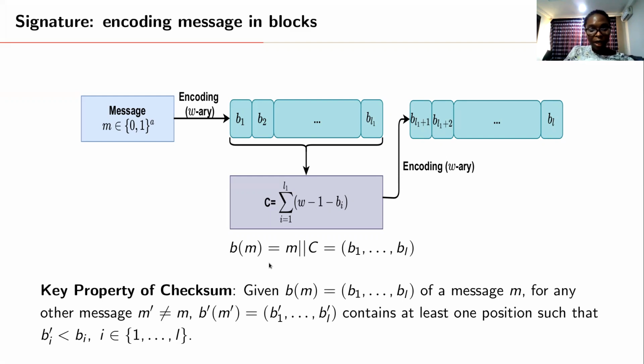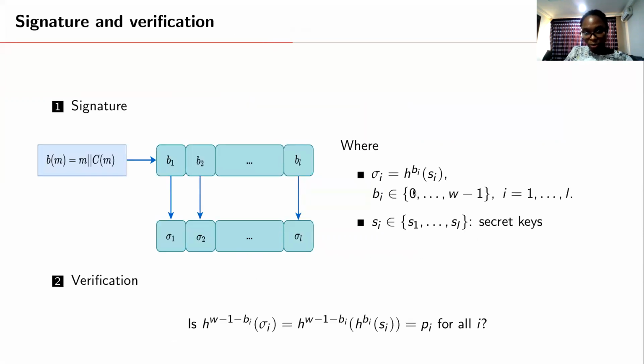Now, when the message is already in blocks, the signature is made by applying the hash function b_i times to each secret key, and then we get the signature as you can see here. To verify, we evaluate the hash function on the remaining part.